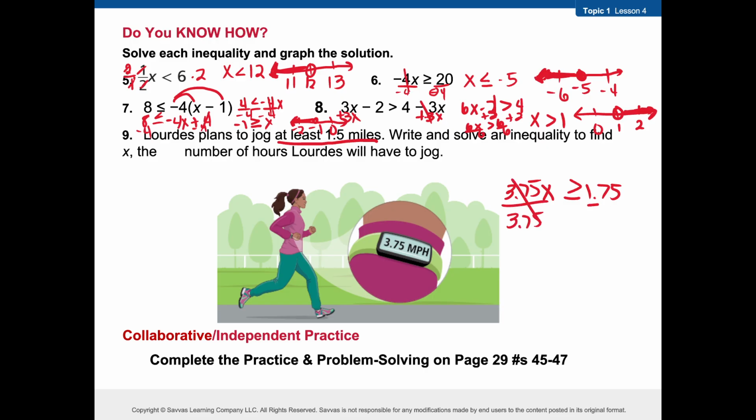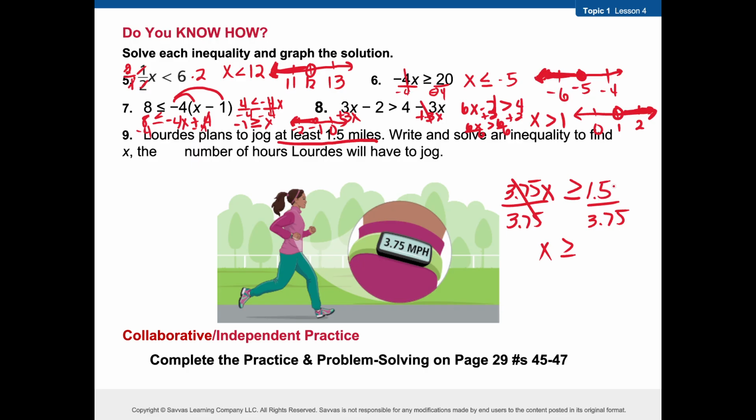So when I divide, x has to be greater than or equal to 1.75 divided by 3.75. Oops, 1.5. That's why I was getting it wrong.